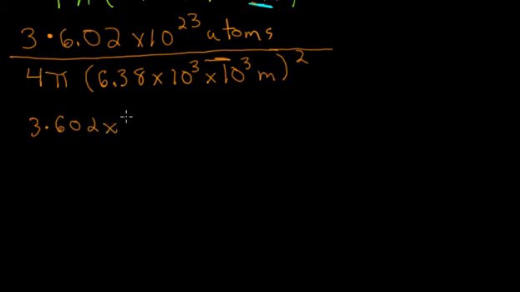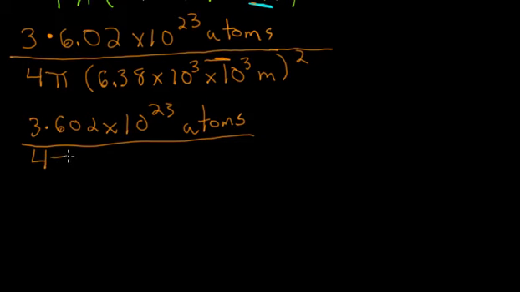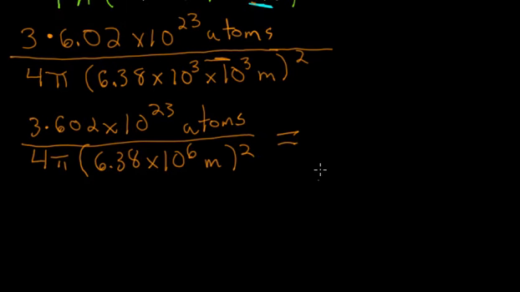So that's 3 times 6.02 times 10 to the 23rd atoms, all over 4 pi times 6.38 times 10 to the 6th meters squared. And I plug away on my TI-89, and I get 3.5307.